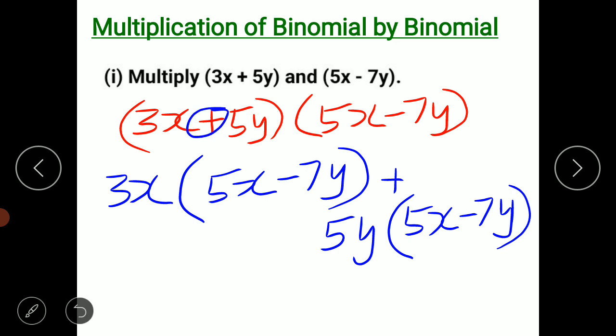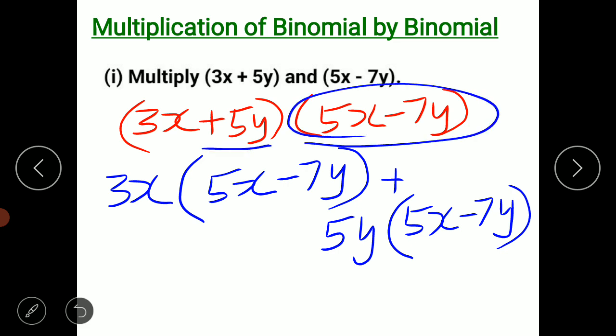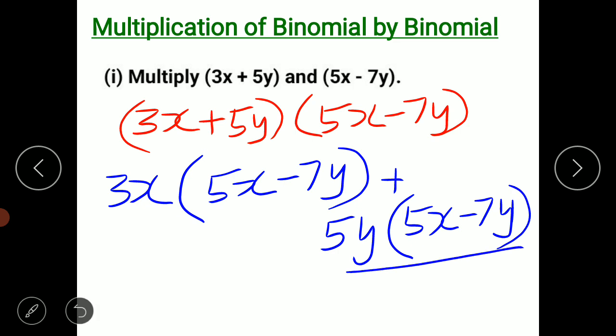Here plus means plus, minus means minus. So plus 5y is to be multiplied by the second expression, plus 5y into 5x minus 7y. Now when you look at this, we need to open the bracket, is it or not? We learnt already the next step. By opening the bracket we can proceed to the next step.